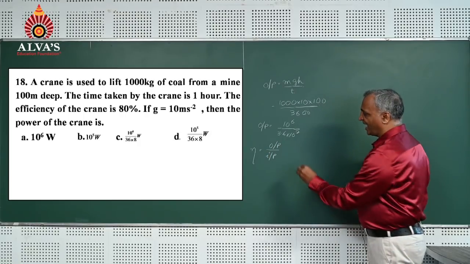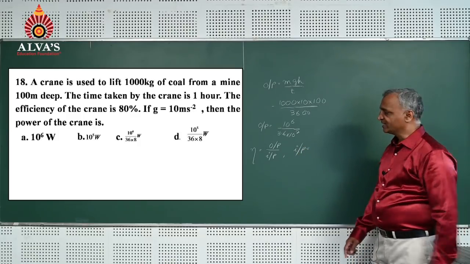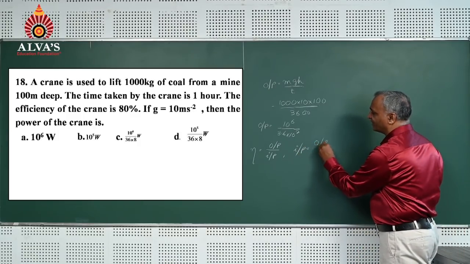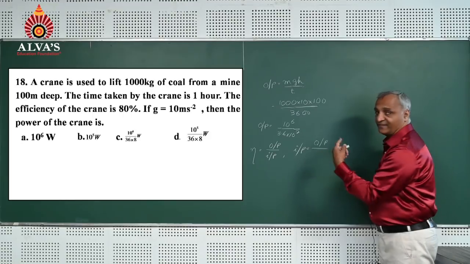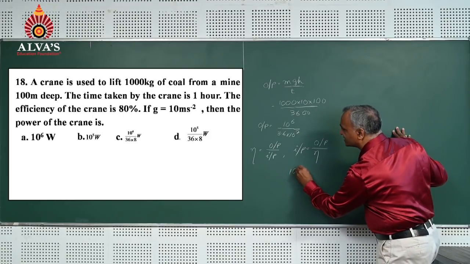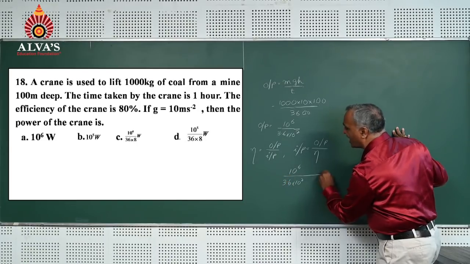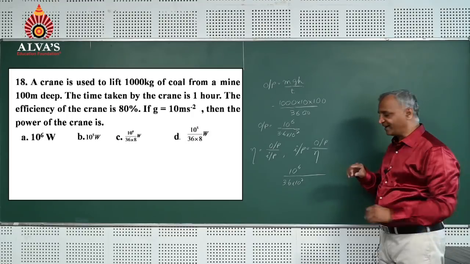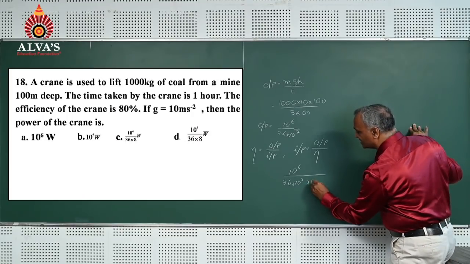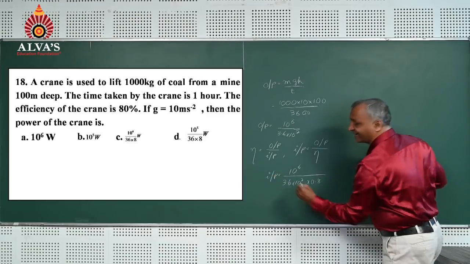I want to find out what is this input power given to the crane. So that will be output power of the crane divided by efficiency. So output we got 10 to power 6 divided by 3.6 into 10 to power 2, and efficiency is given as 80% means 0.8. So this is the input given to the crane itself.